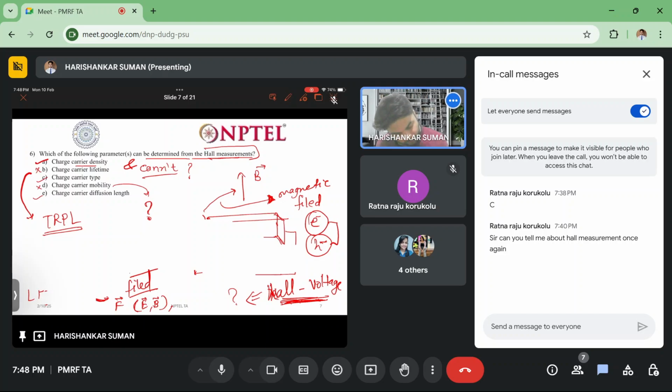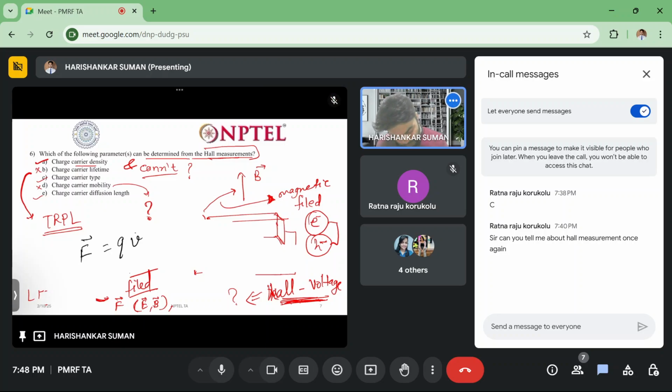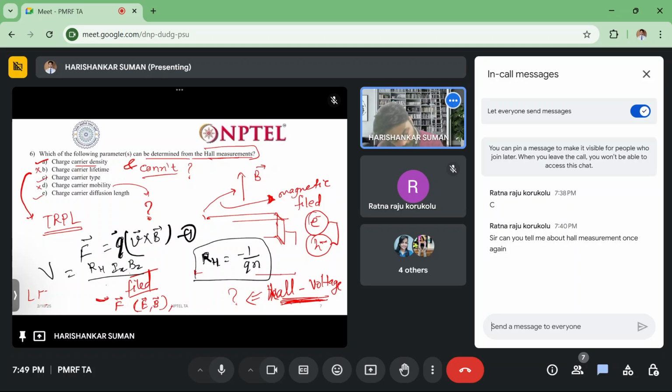So the force concept is here. The force is due to the electric field and magnetic field. You can use this equation to easily calculate the direction of the applied force on the electron, and the majority carrier can be determined from here, n-type or p-type, and the resistance of the Hall voltage V. This is the magnetic field direction formula.